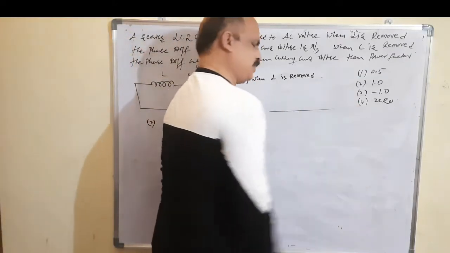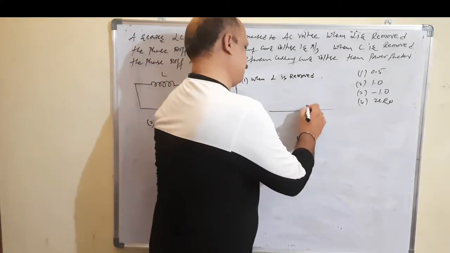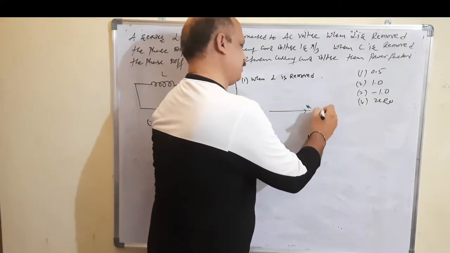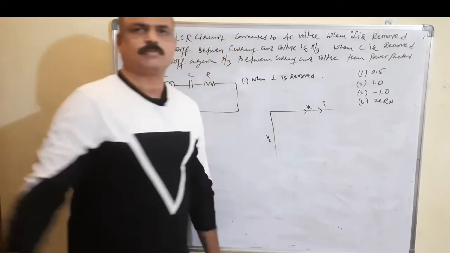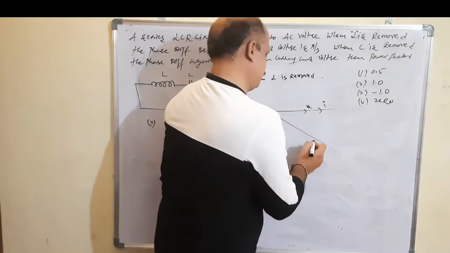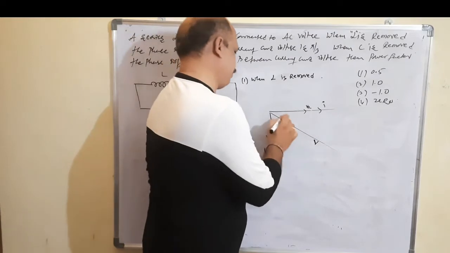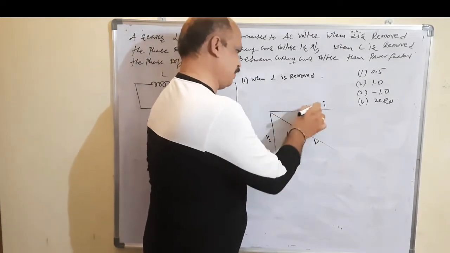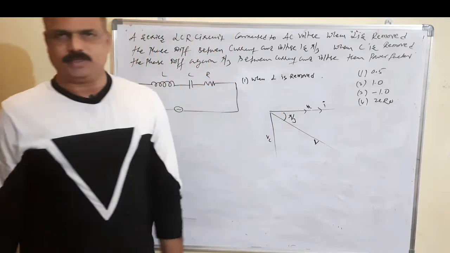In a resistance, voltage and current are in the same phase. So this is VR, the voltage across resistance, and this is the current, and this is VC. This is the resultant EMF, the total EMF. The angle between the current and voltage is pi by 3.